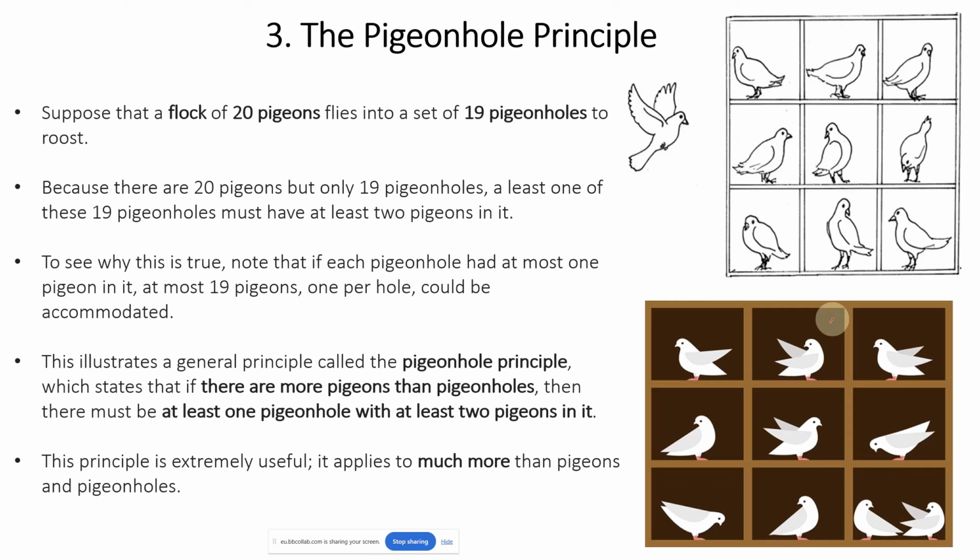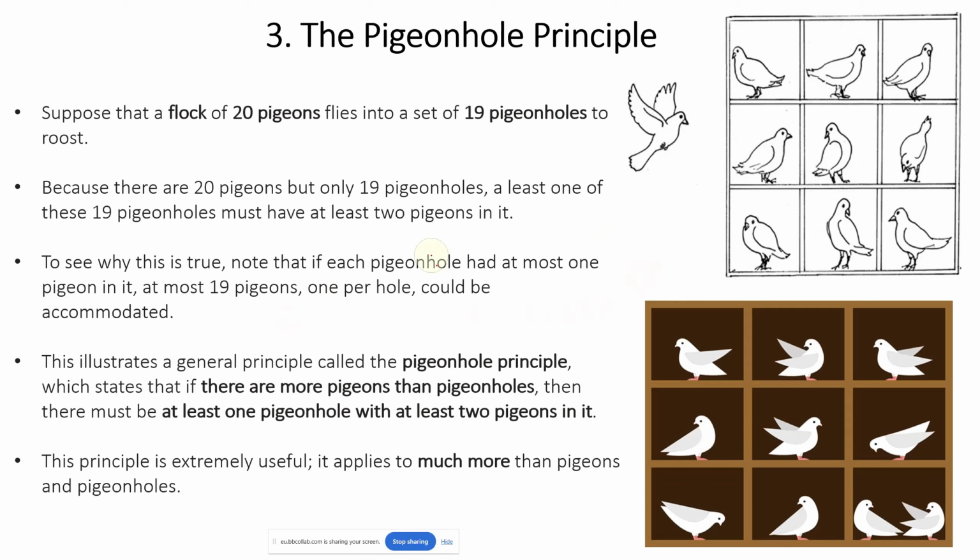So what it means is that if we have 10 of something that goes into just 9 places, one of the places is going to have more than one. So that's what it says.